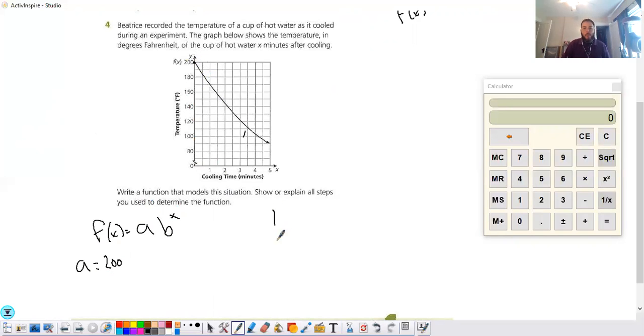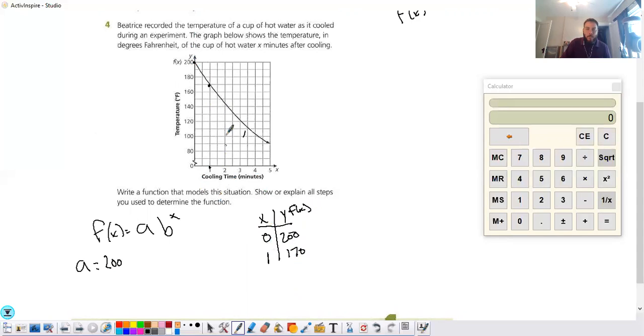So what I'll do is make a quick table here with our x and then our y, or our f of x. So when x is 0, y is 200. We take a look, another point, we look at 1. When x is 1, y is directly in between 160 and 180 at 170.